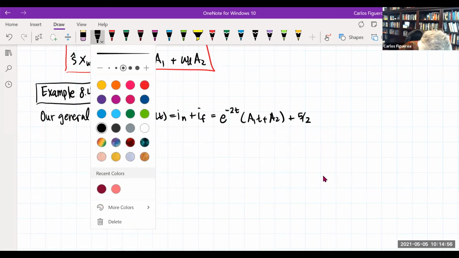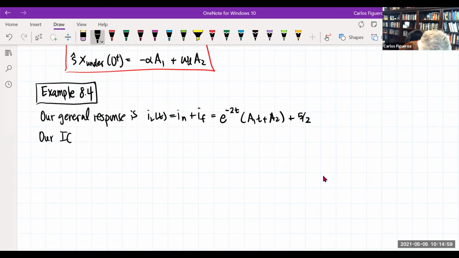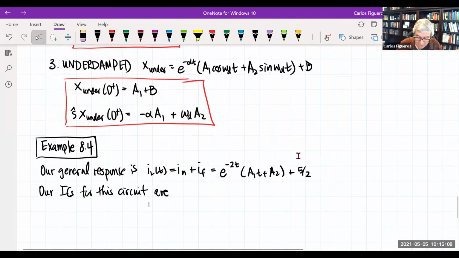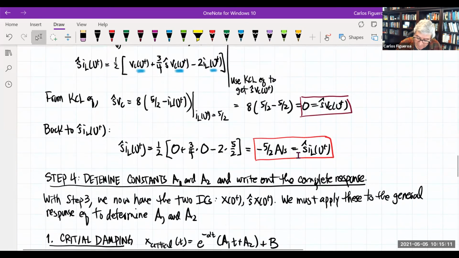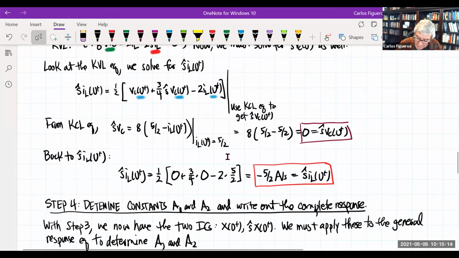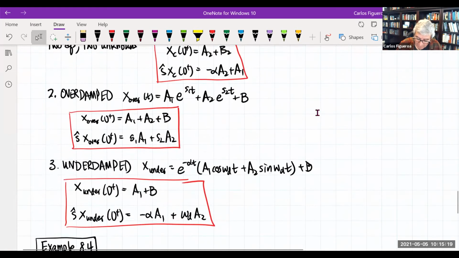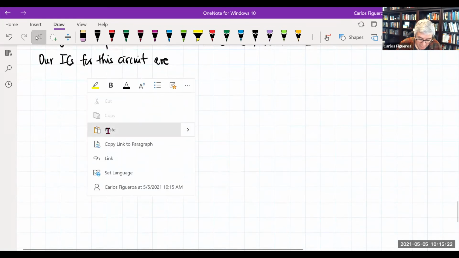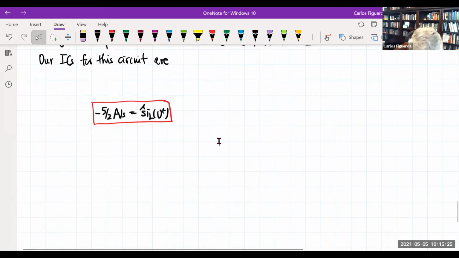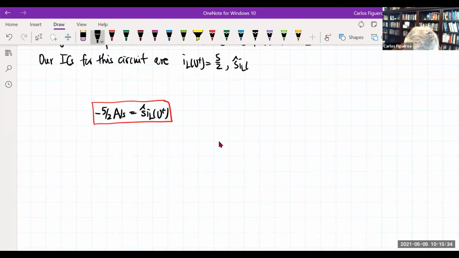So now our initial conditions for the circuit are what we did already. So I'm going to go back and get those. And they're right here. So I see that this guy has to be this guy. I'm pretty certain that IL of 0 plus was 5/2, and then S hat IL of 0 plus is minus 5/2.